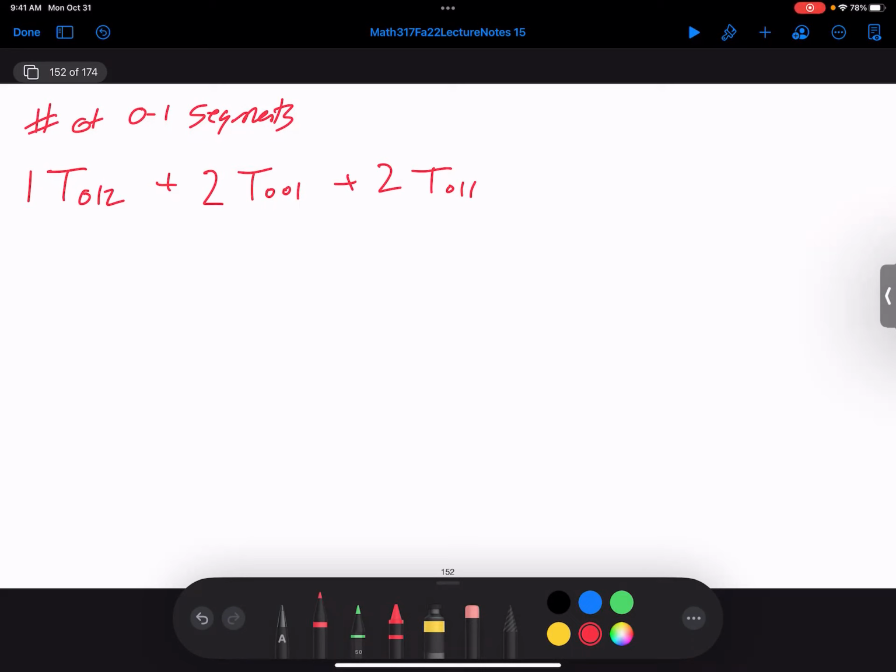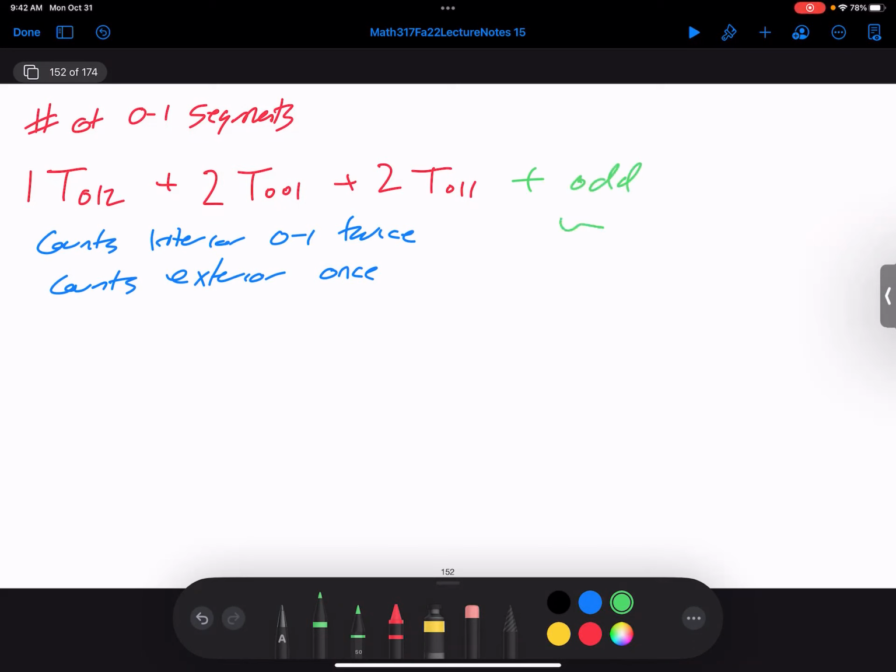Is this equal to the number of 0, 1 segments? So this has counted everything inside twice, the outside only once. It counts interior 0, 1 twice, and exterior once. So let's add to this the number of 0, 1 on the boundary. What do we know about the number of 0, 1 on the boundary? Odd.